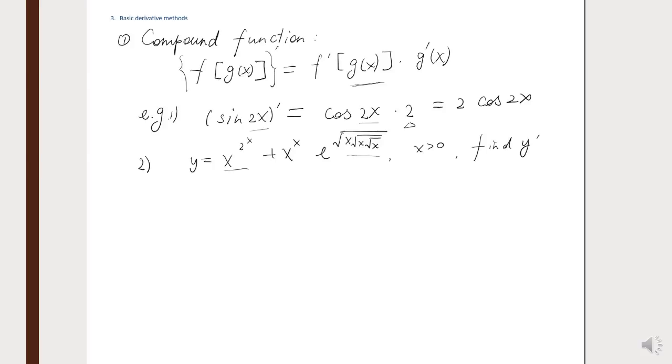However, we can change it to something we're familiar with. Okay, so let's change it to y equals e^(2x ln x). Do you understand how it happens? Okay, let me show you some details. So for this one, x is the base, and 2 to the power of x as the power. So we can change this one to this.